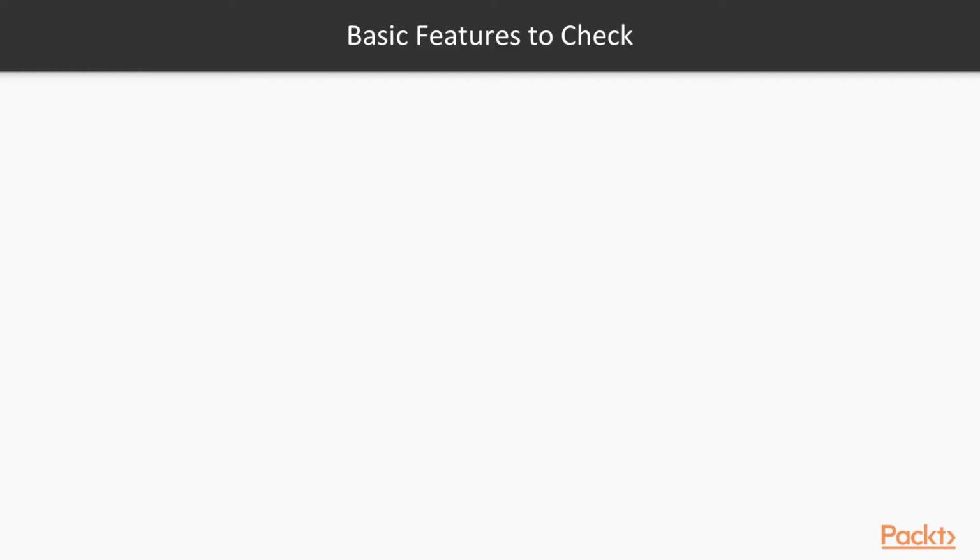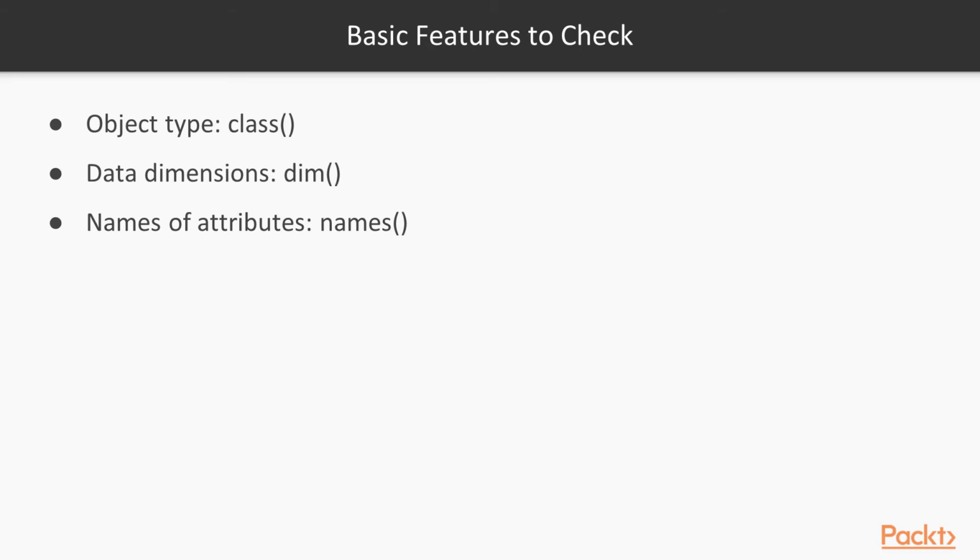Let me introduce now 3 functions we are going to apply on our portfolio raw data frame to check some basic features. The class function to discover the object type, the dim function to measure data dimensions, and the names function to understand and discover the names of the attributes within the object. The first one basically returns the type of object we are facing. The dim function says how many rows and columns there are within the object, while the names function prints out column names.